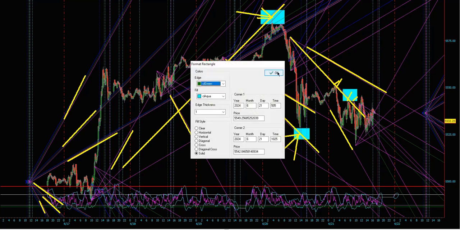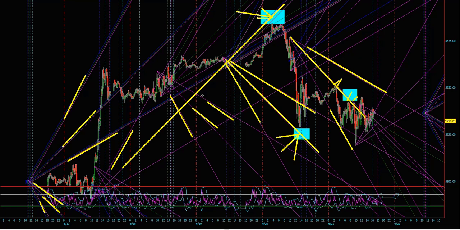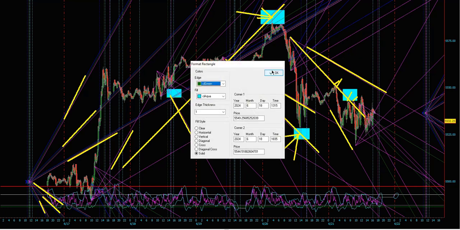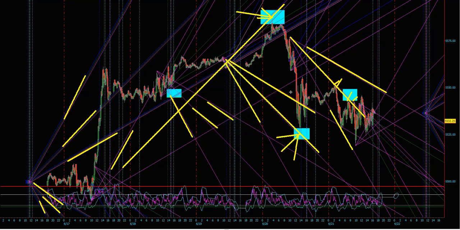Fully automated awareness. Then we also have a line coming down here, which also happened here. So the point is there is no randomness in the market.